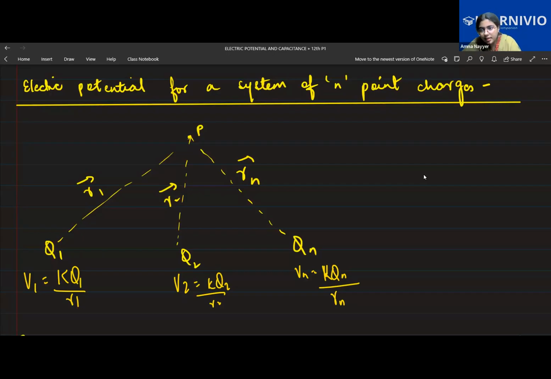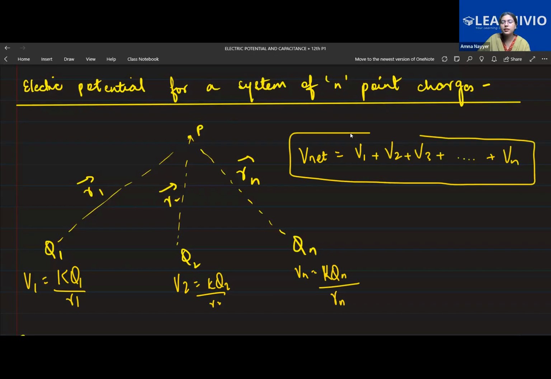When all the different individual potentials are calculated, then the net potential will be simply the sum of all the potentials, V1 plus V2 plus V3 plus V4 up till Vn. This will be the net potential, because this is just your scalar addition.